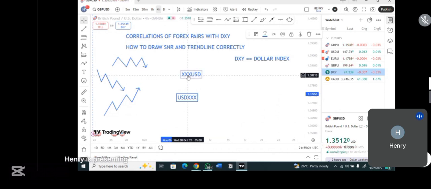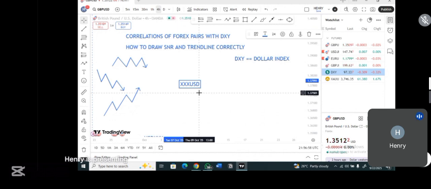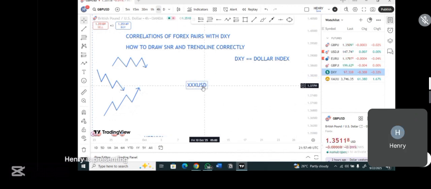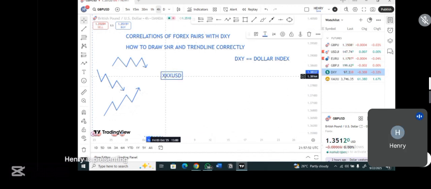So can you mention any XXX USD pairs? GBP USD, NZD USD, AUD USD, plenty of pairs. I just use XXX because it can be any pair.